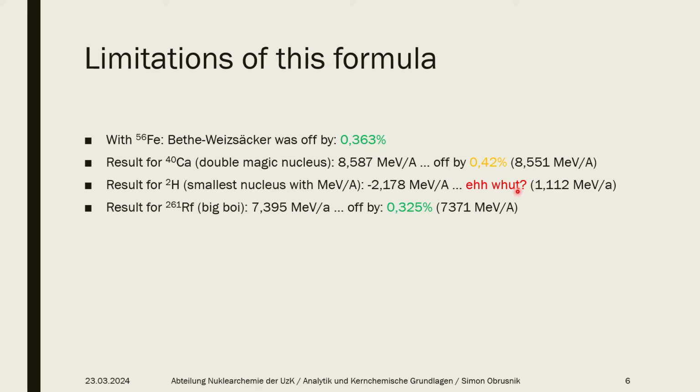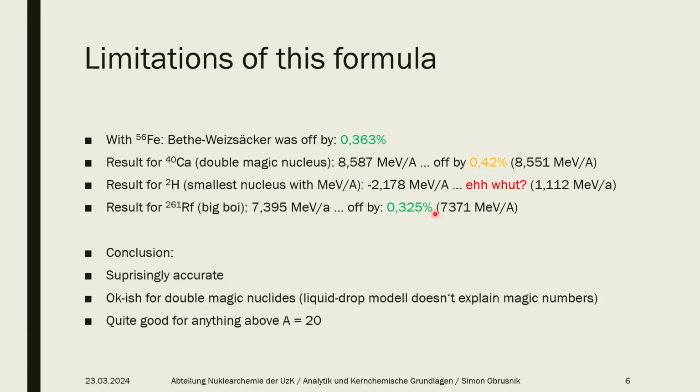On the other hand, I did it with very heavy elements, for example Rutherfordium 261, and I was just off by 0.325%, which is really accurate. After running all of these calculations, I came to the conclusion that this Bethe-Weizsäcker formula will give surprisingly accurate values according to the literature when it comes to the binding energy per nucleon.